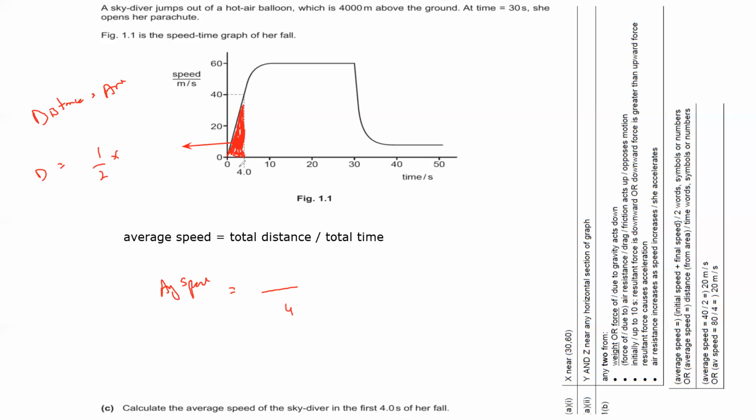So base is how much? Base is equal to 4 and height is 40. So when we simplify this, it will be 80 meters. So the distance travelled by this skydiver is 80 meters and the time is 4 seconds. So 80 divided by 4, that is equal to 20 meters per second. Is it clear? Discussion?